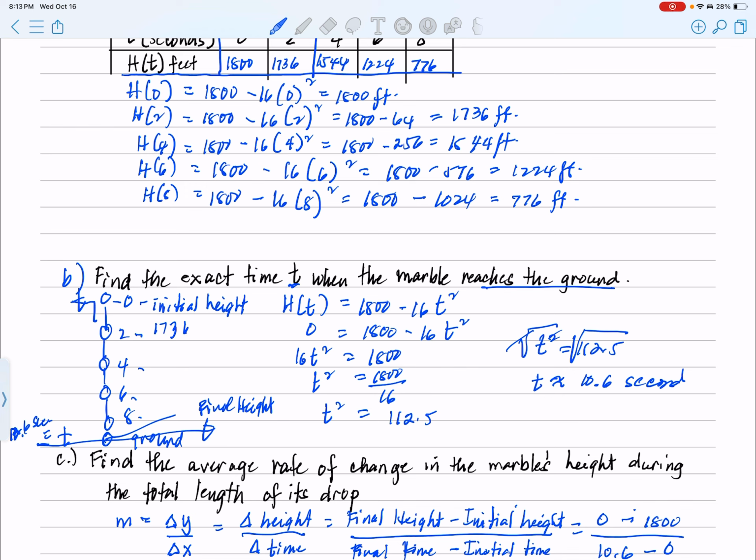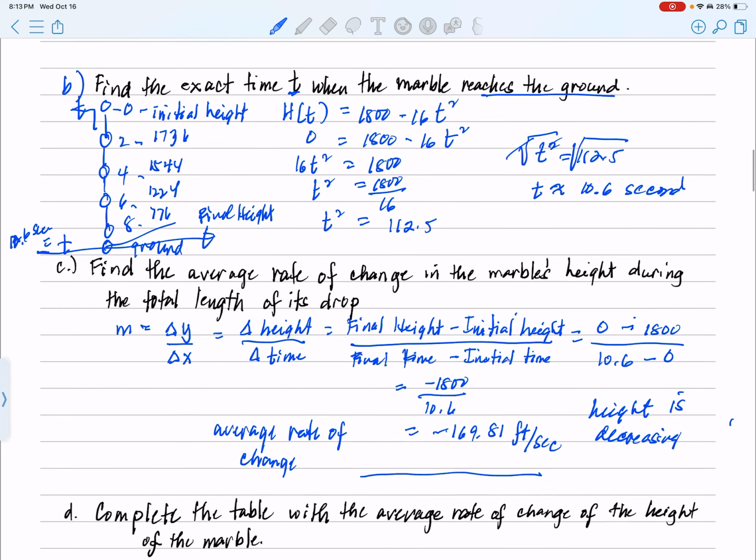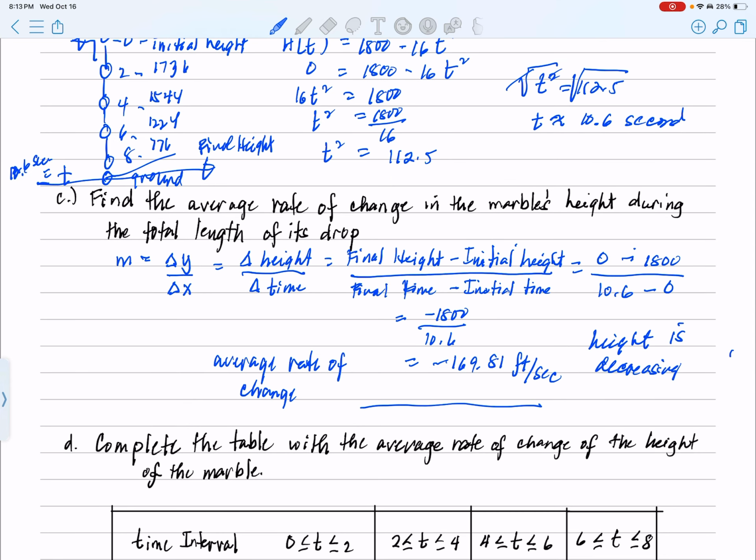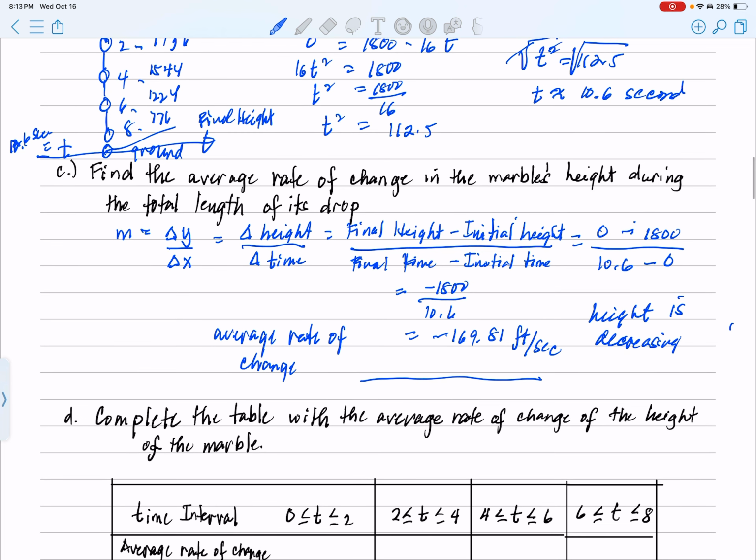Move down. After 4 seconds, it becomes 1544. After 6 seconds, it's 1224. What have you observed? It becomes smaller and smaller. It's decreasing until the height reaches 0. That's why you have a negative average rate of change.